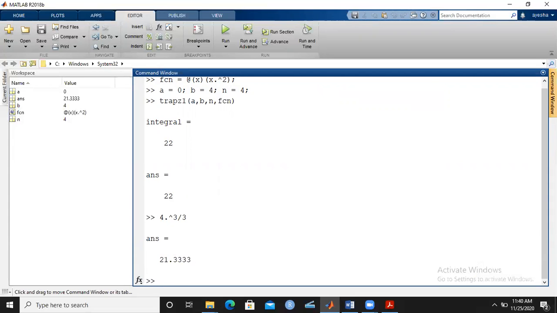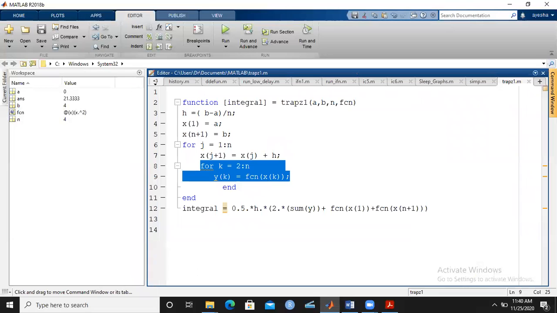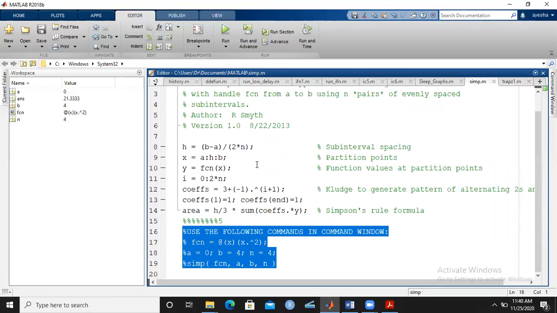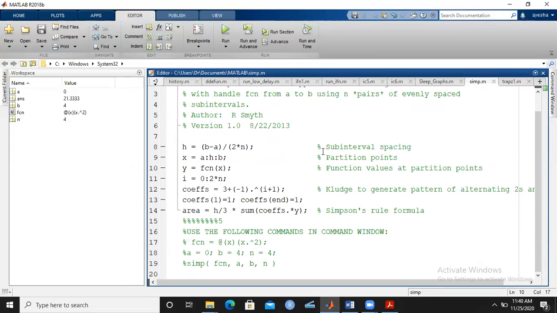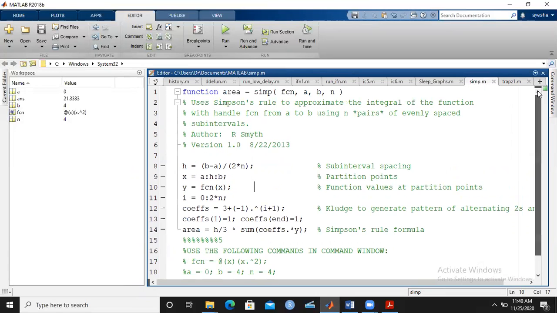Now let us learn the mfile for the Simpson's 1/3 rule. What will happen in the Simpson's 1/3 rule? We will have a function here. This is the output on the left hand side. On the right hand side, I have used a unique name. You can use your surname here and then save it with the same name, call it with the same name.